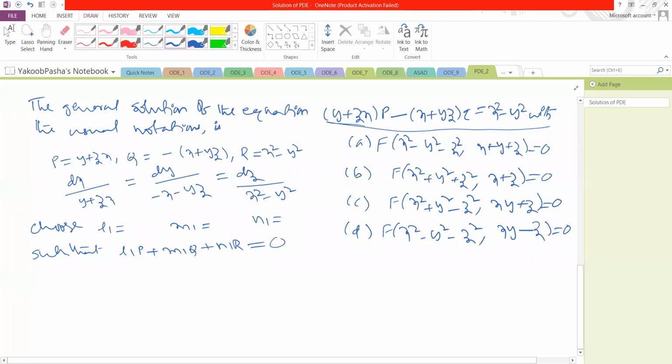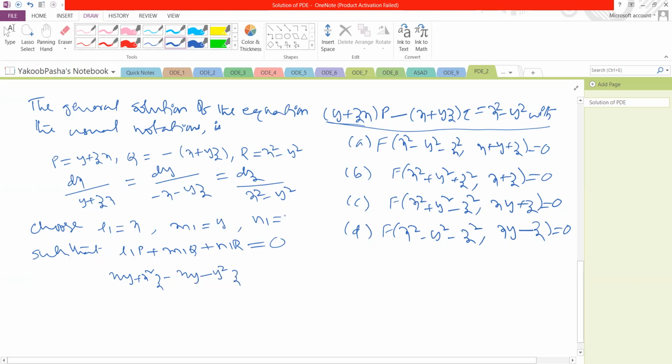చూజ్ చేసుకుంటే ఫస్ట్ we take L1 equal to x, so xy plus x square z. If you take M1 is equal to y, so here xy minus y square z.